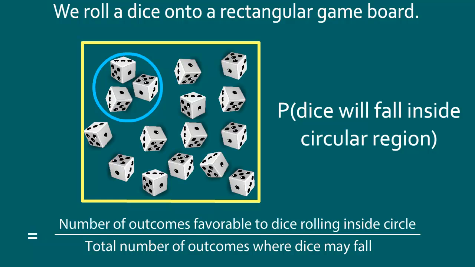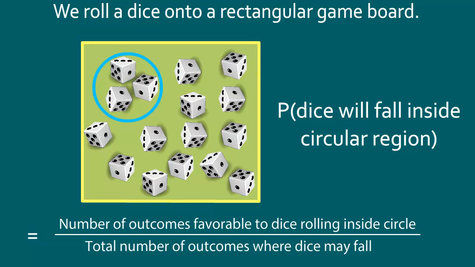Now let's go back to the fact that the dice can fall anywhere inside the board game. In other words, this yellow shaded area gives us the denominator, the total number of outcomes where the dice may fall, because the dice can fall anywhere on the game board, including the circular area.